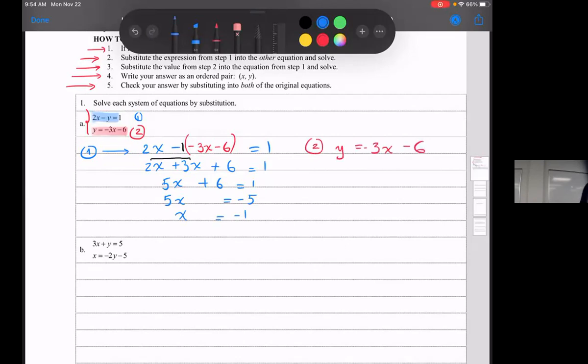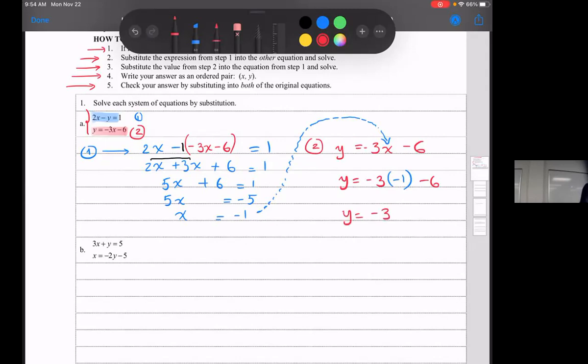I'm going to plug the x back in there. So y equal negative 3 times, instead of x, negative 1 now, minus 6. Negative 3 times negative 1 is positive 3. Positive 3 minus 6 is negative 3.